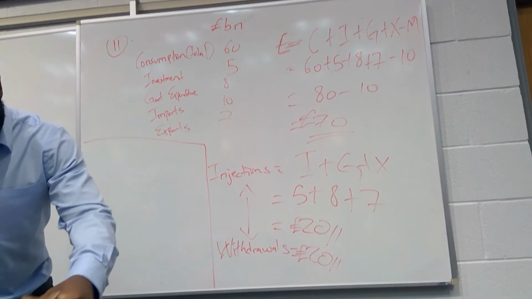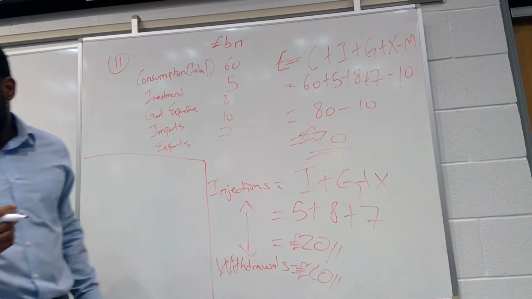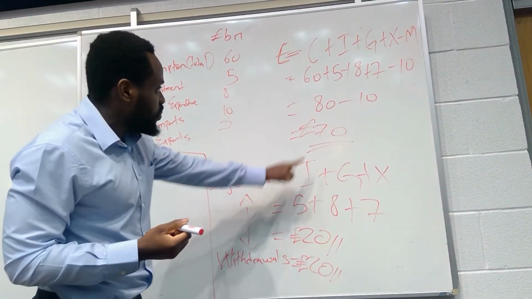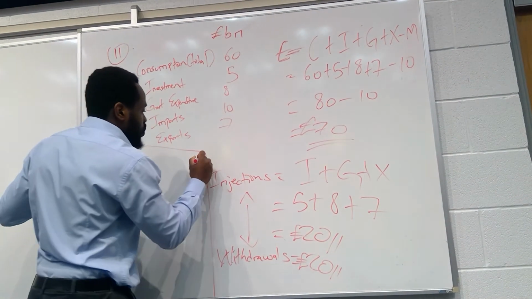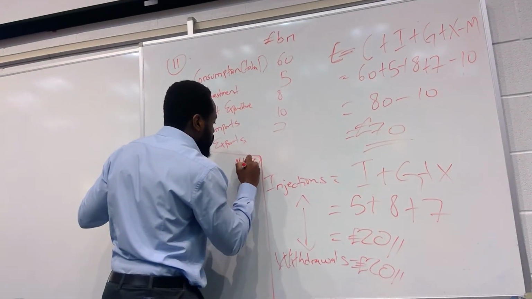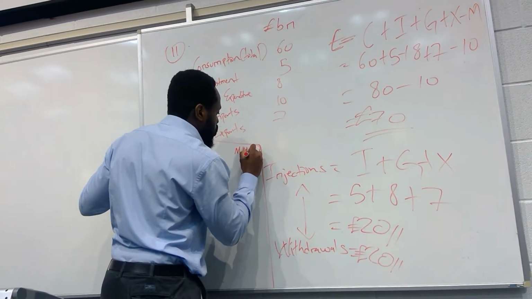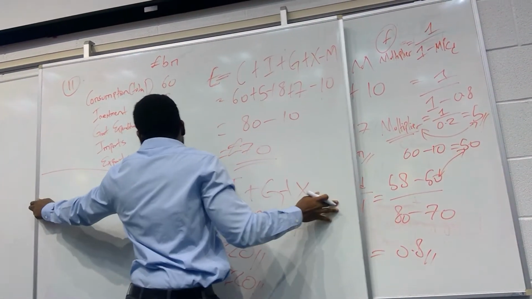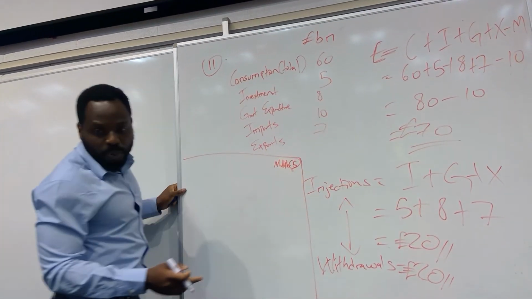We have what is going to happen to our level of injections. So we know what our multiplier is. We've just calculated it. Our multiplier was 5. But now it says a couple of things.